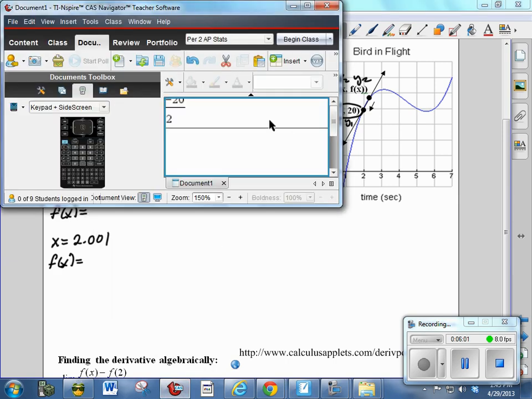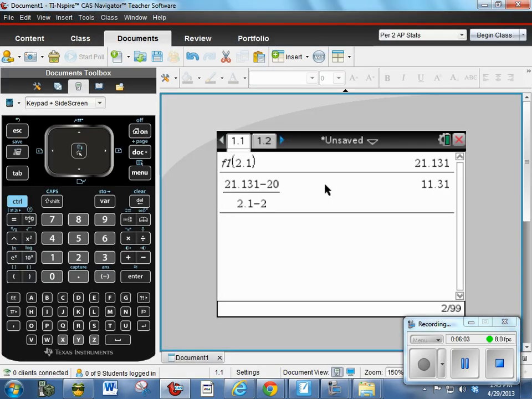Open this up. So I'm going to now do f of 2.01. And that gives me 20.11930. Now if I go back up and grab this, basically I'm going to use the slope formula, only I'm going to change this.